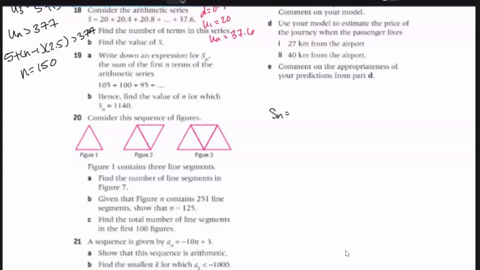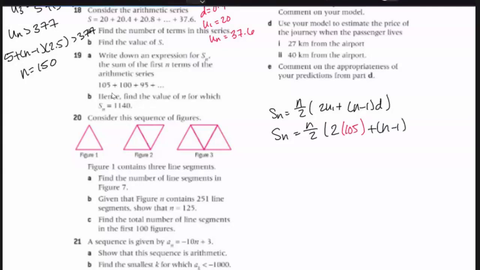Now we have two formulas. Notice how it doesn't give me the final term. That means I'm most likely going to use a longer formula. Always leave n as a general term because it's just a general formula, but we know u of 1, my first term, is 105, plus n minus 1.